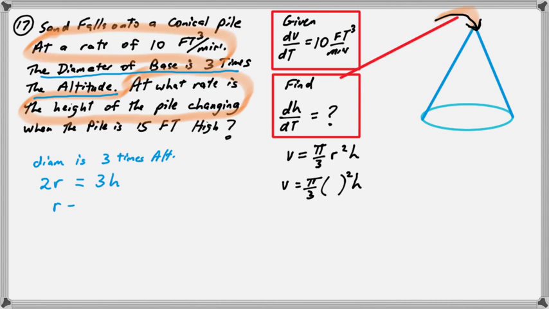So does that tell me that the radius is 3h over 2? So I will replace it with 3h over 2. That's a critical replacement if you ever wanted to write the volume in terms of the height.